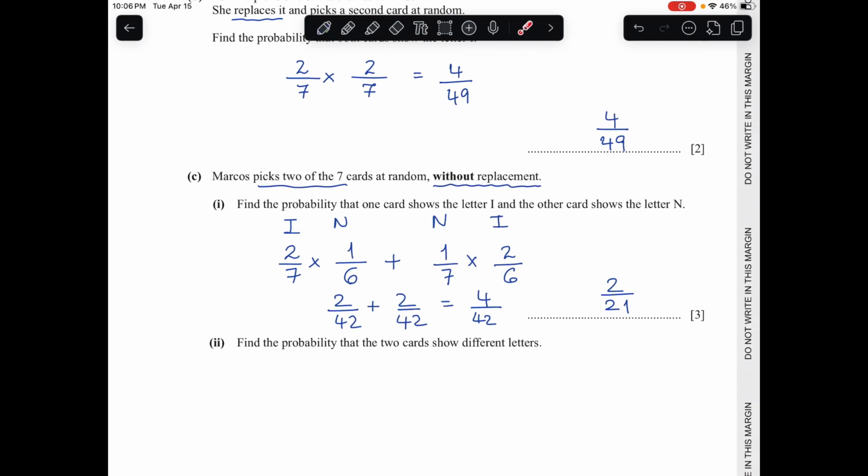Now part C(ii). Find the probability that the 2 cards show different letters. Here, remember, they did not specify which letter, but they have to show different letters. So what could be different?